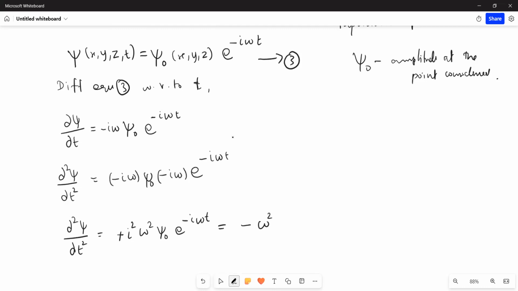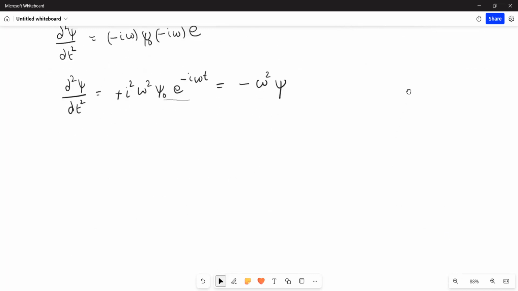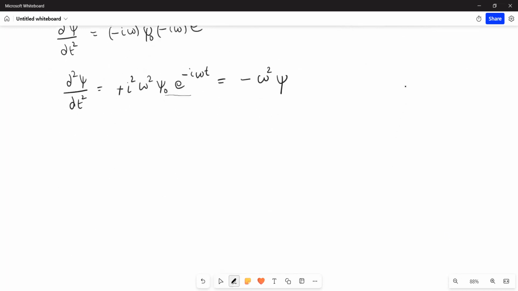See here, this psi naught e power minus I omega t becomes psi as per equation number 3, and this part can be written as psi only, right? So the simplified equation is dou square psi by dou t square is equivalent to minus omega square psi. This is equation number 4.